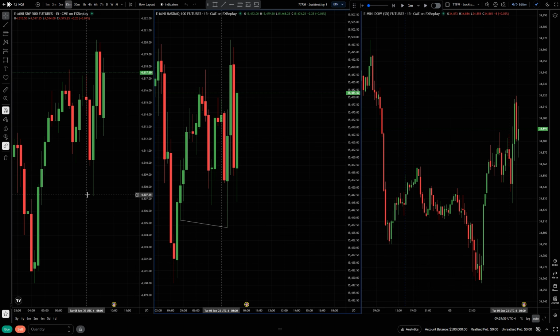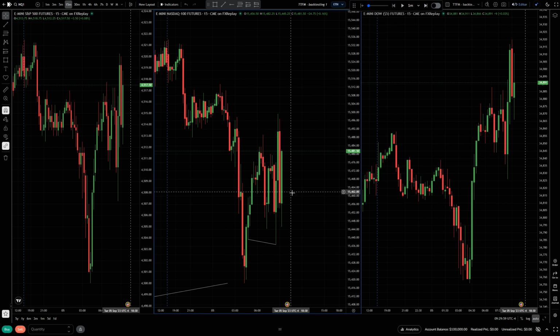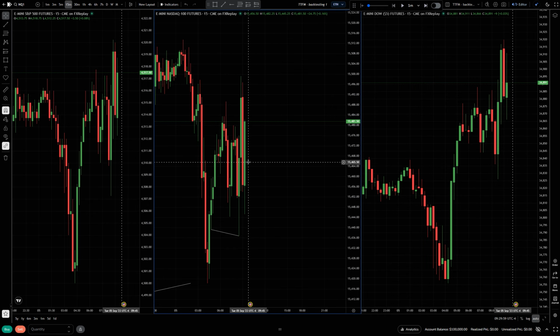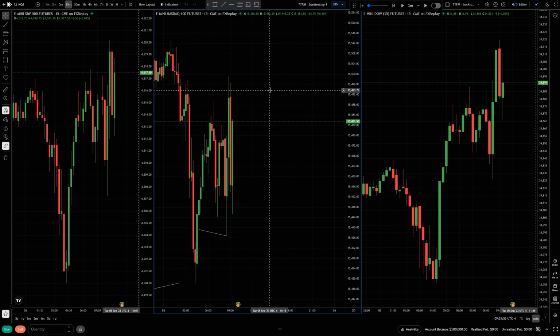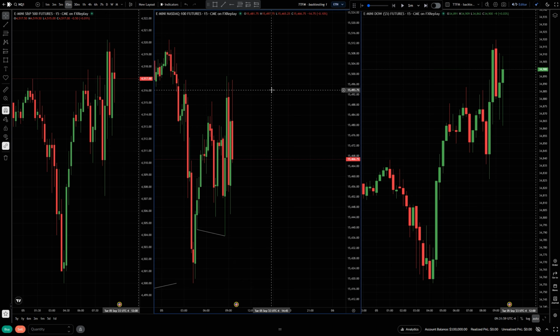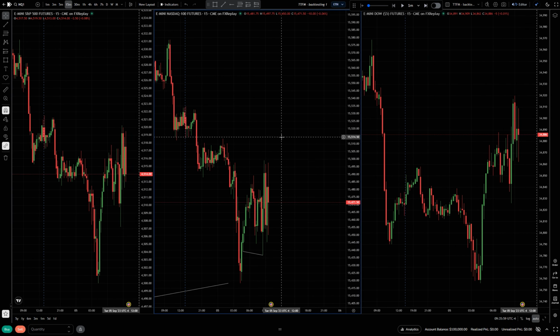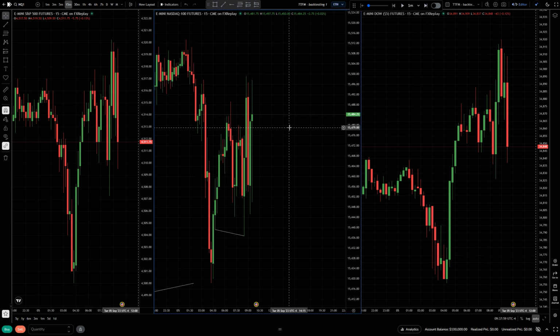And we also have SMT with ES. So I really wouldn't want to trade the NQ today. So we will let the first couple of minutes pass by to see what we can manipulate, and then we will decide. So I'm gonna let the first 15 minutes pass.